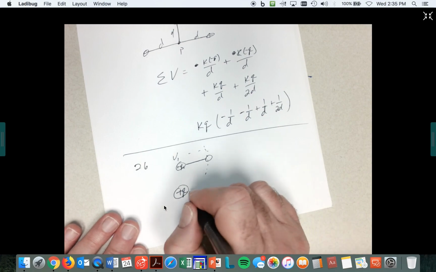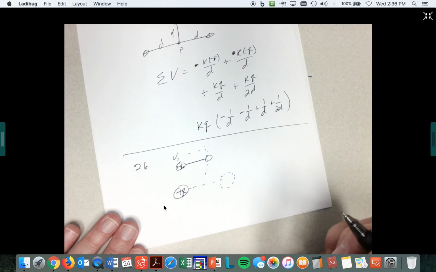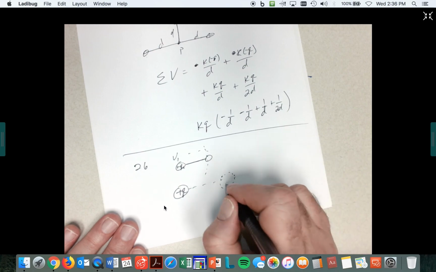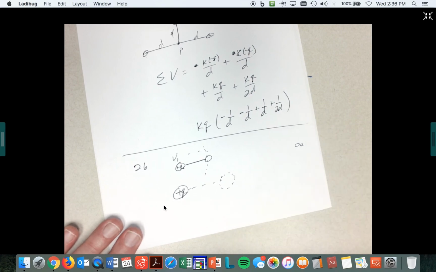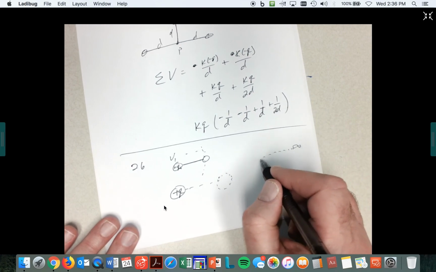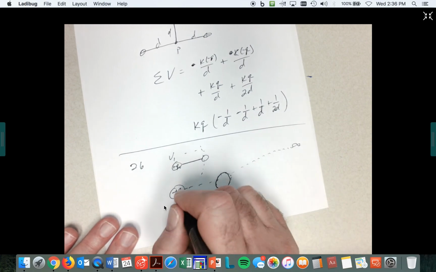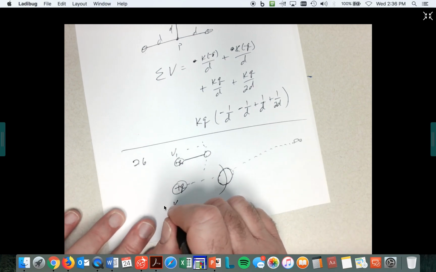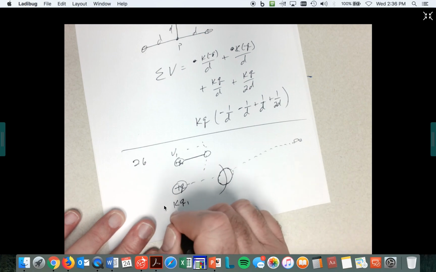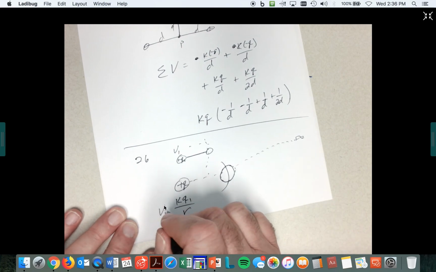Here's that positive Q, and out here at that distance is a hole that we're going to put a charge in. When I bring this charge out from infinity, here's my infinity pile, and plop it in here, well, first of all, Q has caused a voltage there. So you've got KQ1, they all happen to be the same, over R, is equal to V1.